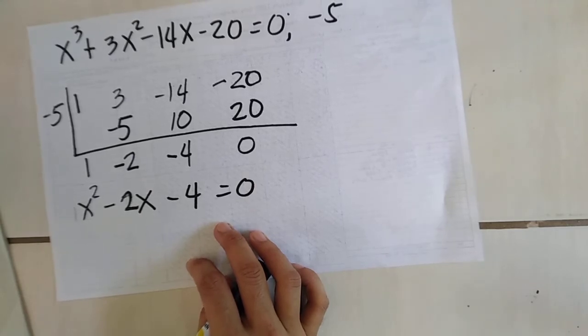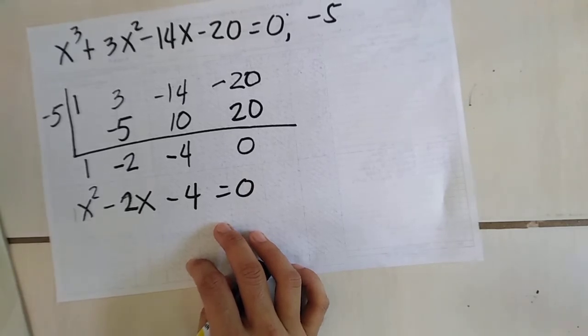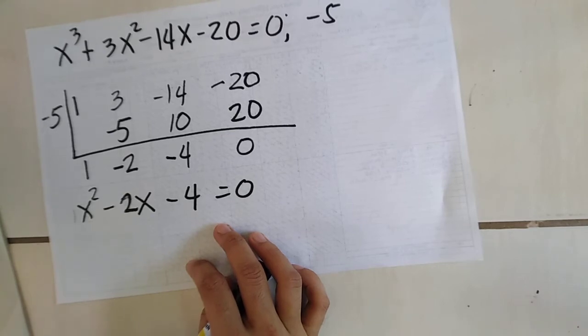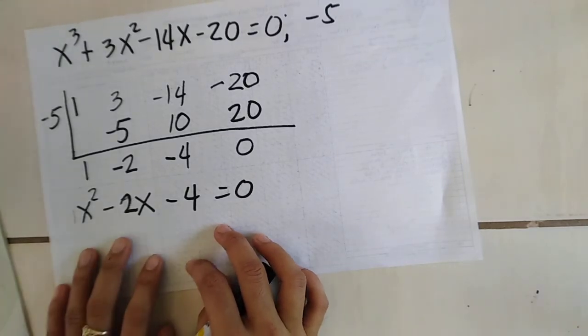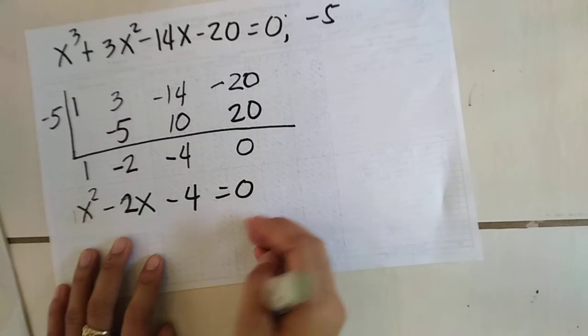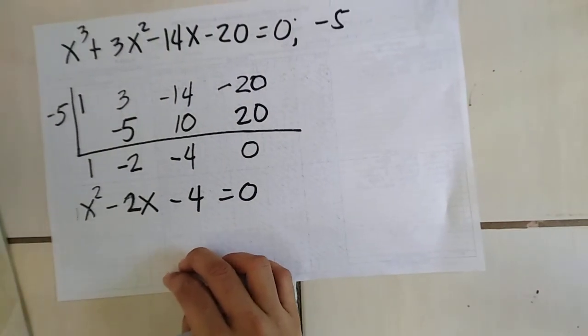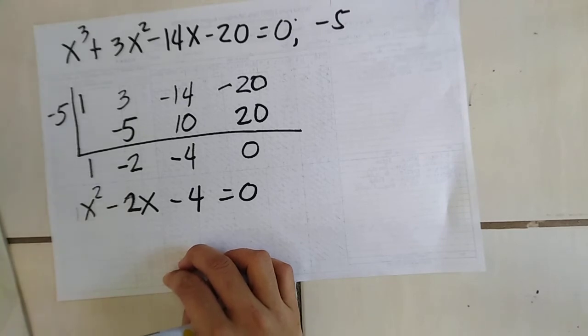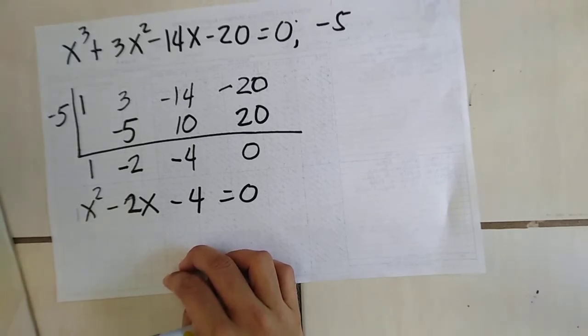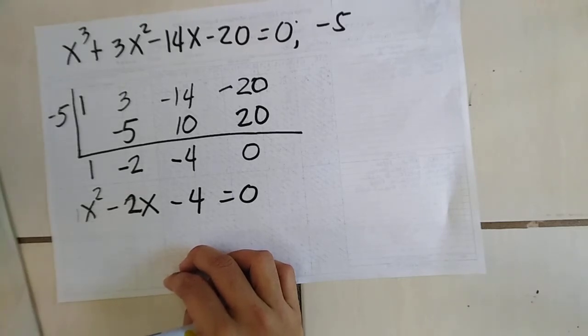Since this is quadratic form, we can solve it. It can be factored, or we can use the quadratic formula. In grade 8 and grade 9 you learned many methods in factoring, like using the quadratic formula and extracting the square.